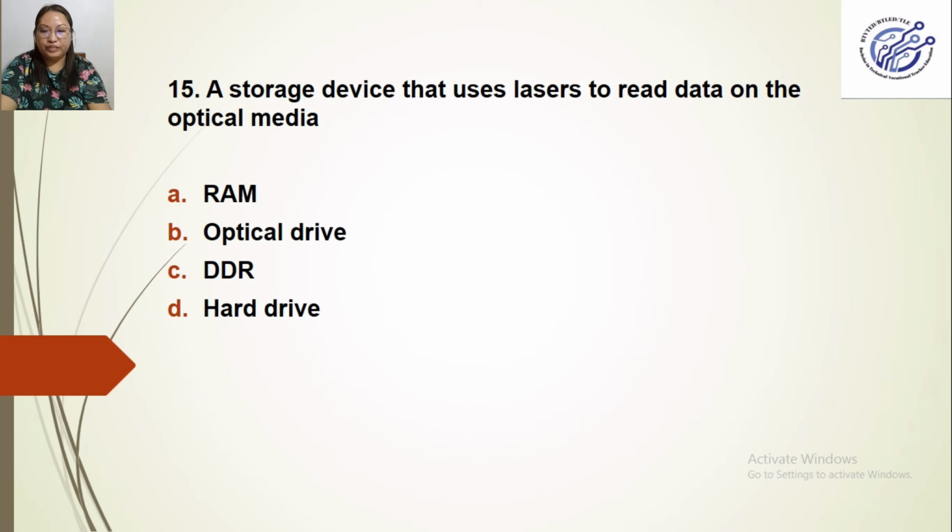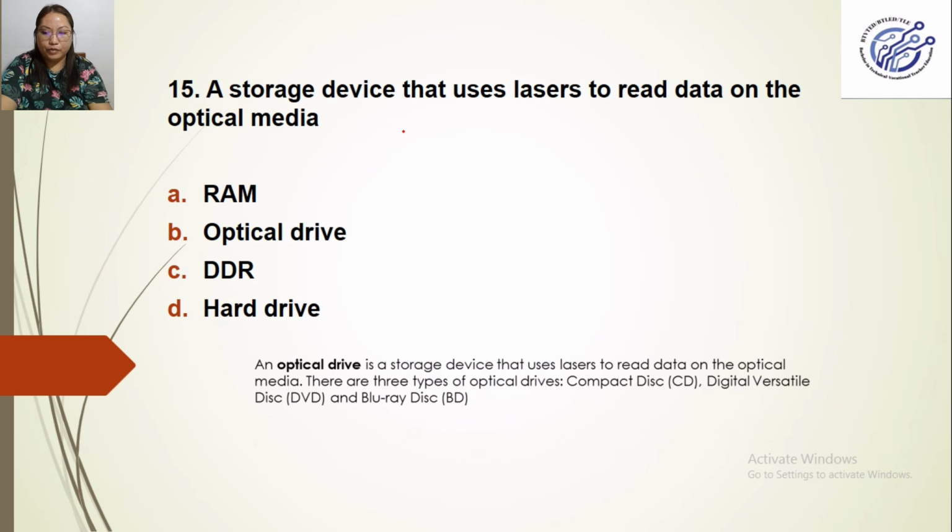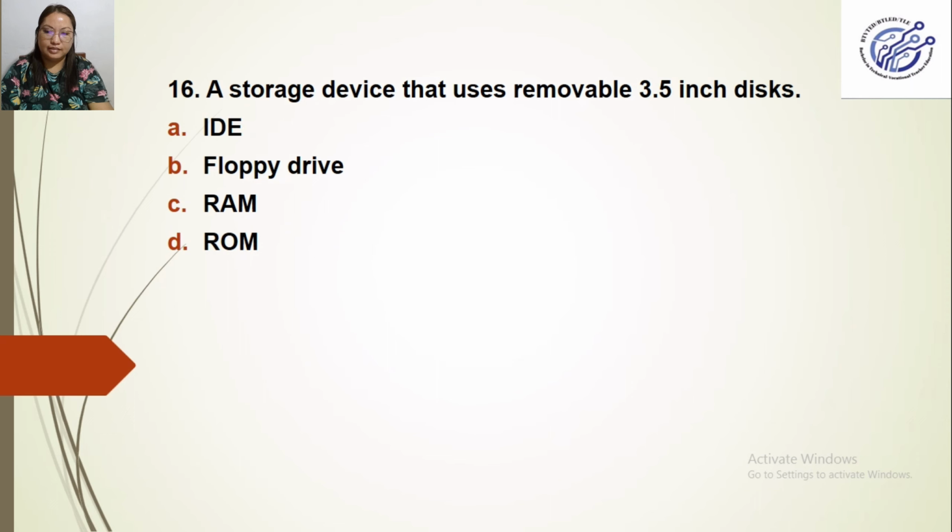Then number 15, a storage device that uses laser to read data on the optical media. So ito very obvious na po siya. Sinabi natin kanina, yung ating optical drive ay gumagamit po siya ng lasers to read data on the optical media. Then 16, a storage device that uses removable 3.5-inch disk.